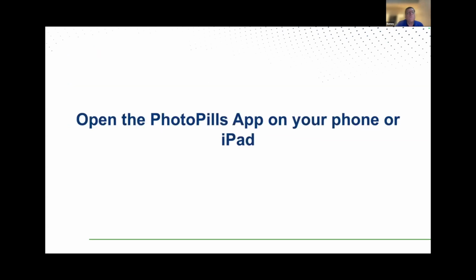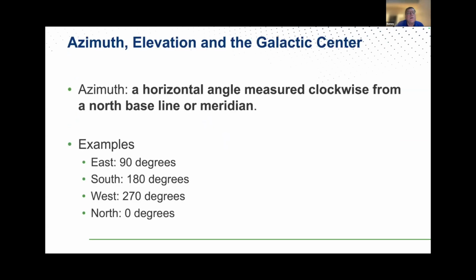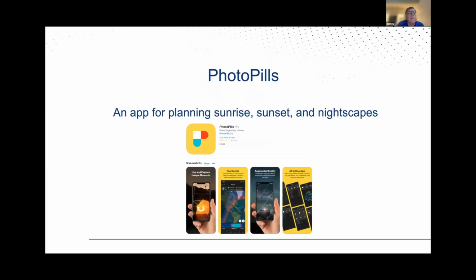So let's start from the beginning. Hopefully everybody's got the PhotoPills app on their phone or on their iPad. If you don't, then go to the appropriate app store. It's about $11, best $11 that you'll ever spend for your photography. I know that it's very confusing, like a lot of things that have a lot of information packed into them.